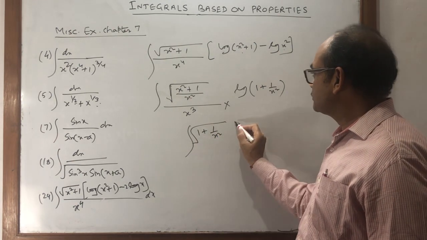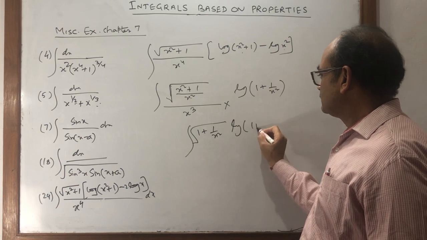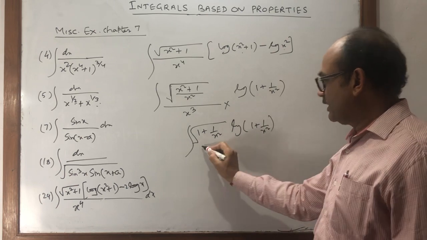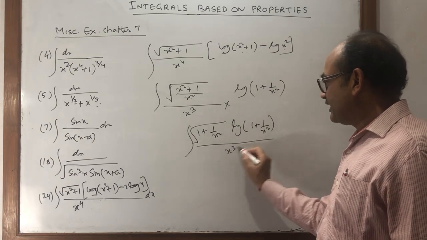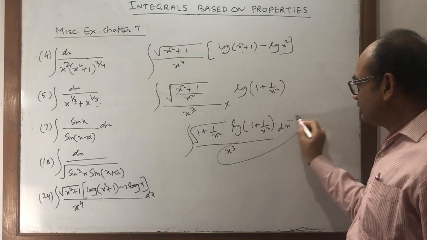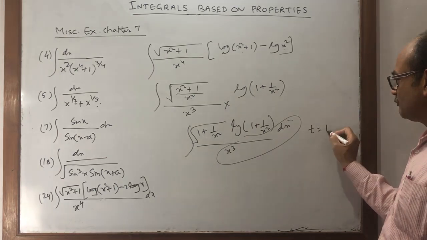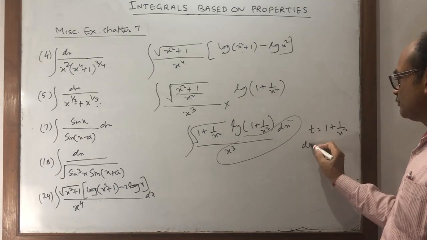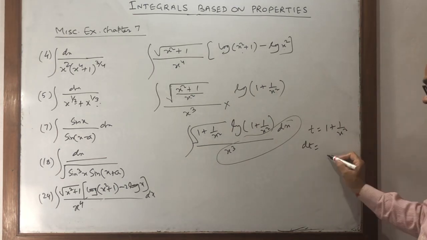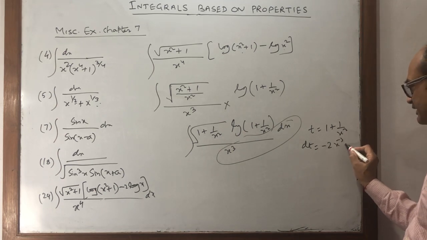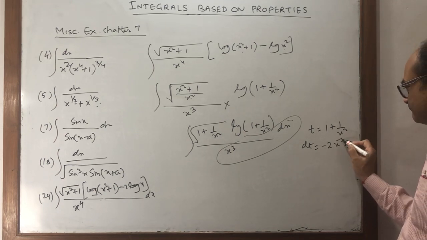It means this quantity we have to assume as t, and this 1 upon x cube will go with dt. For example, here we write t means 1 plus 1 by x square. So what is dt? X to power minus 2, derivative minus 2x to power minus 3 dx.